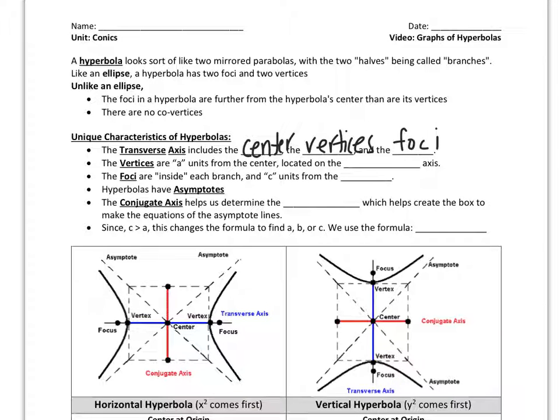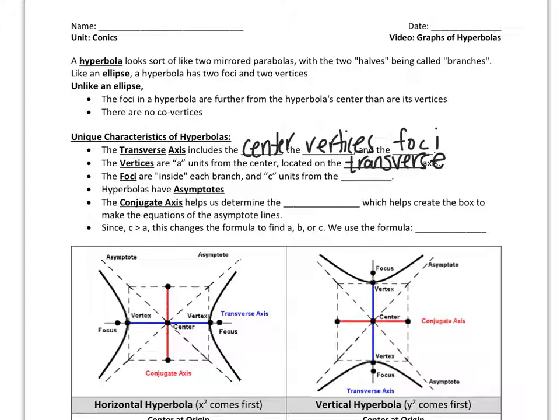Okay, now just like in an ellipse, the vertices are A units from the center, which are located on the transverse axis. So our vertices are still A units from the center.